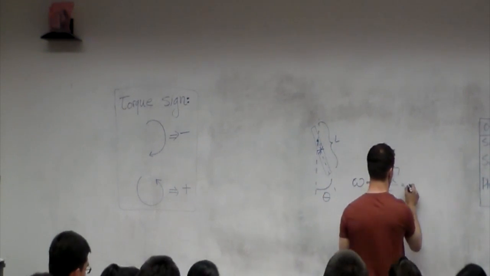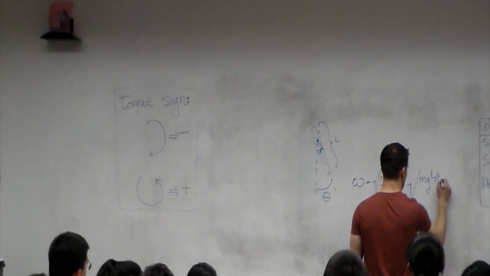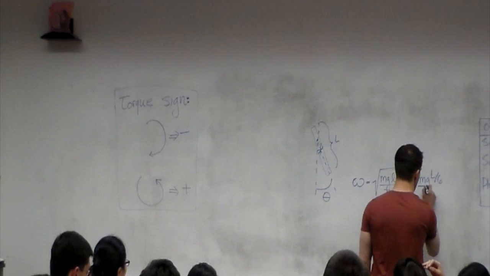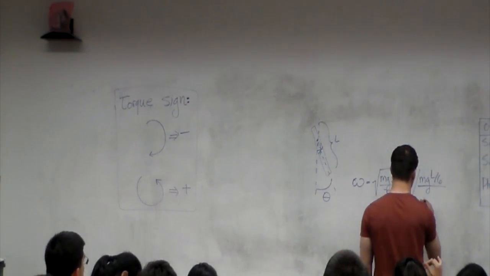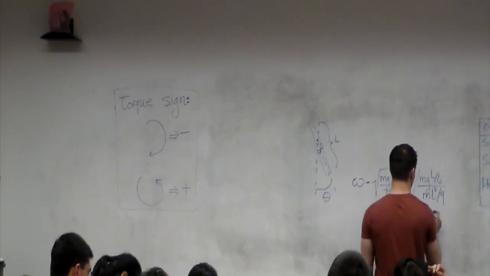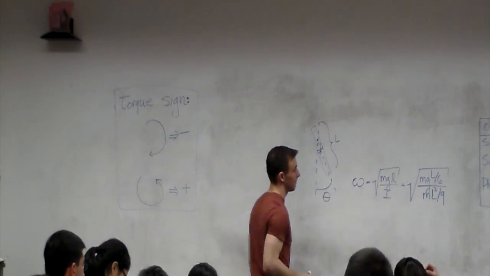This is equal to the square root of mg times big L divided by 6, because that's the distance here. That is what little l is. I divide that by the moment of inertia I, which was mL squared divided by 9. That was the correct moment of inertia about the pivot point.